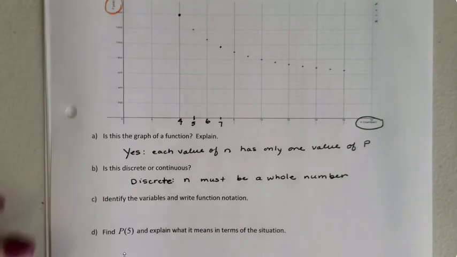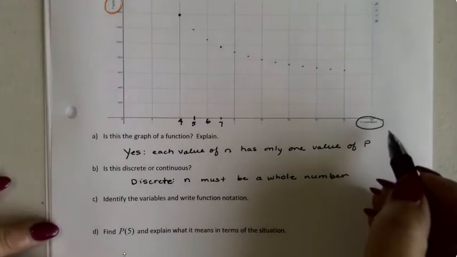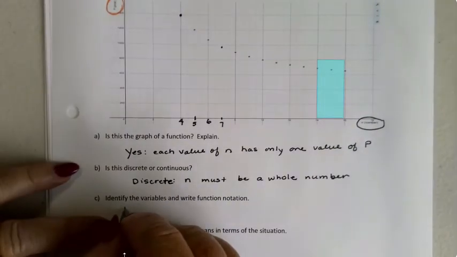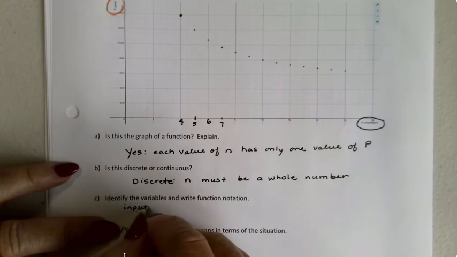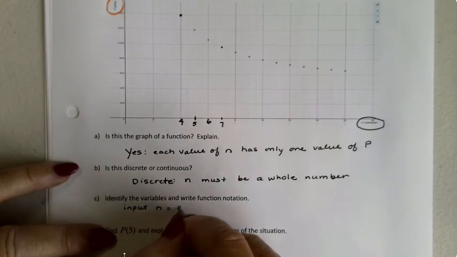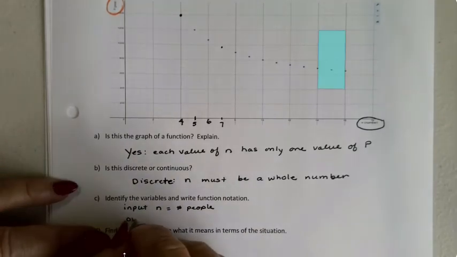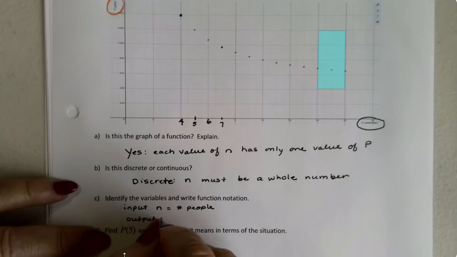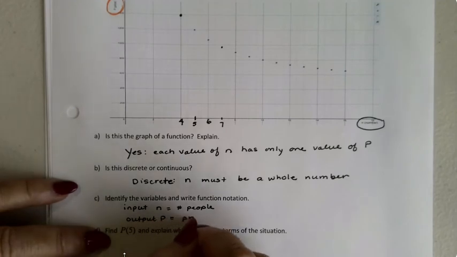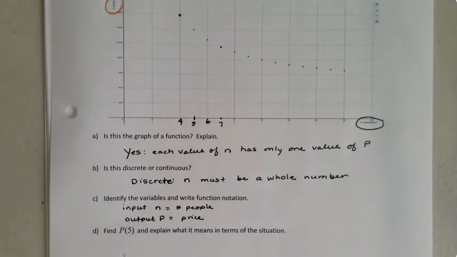So we've kind of mentioned it already, but I'll say it again. Horizontal axis, my input, n is the number of people going on the trip here, and my output p is the price that they're going to pay.